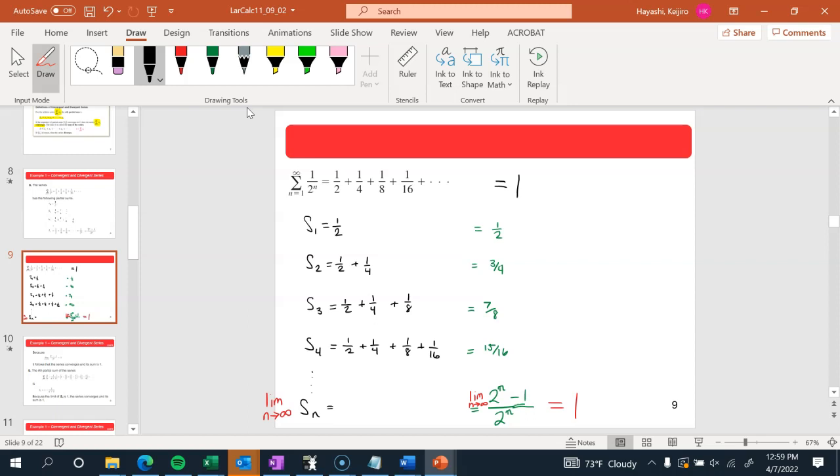Okay, so that's one way to check for the convergence or divergence of a series, this direct way where you literally take the terms and start adding them together and see where that takes you. And in this case, it takes us to 1.